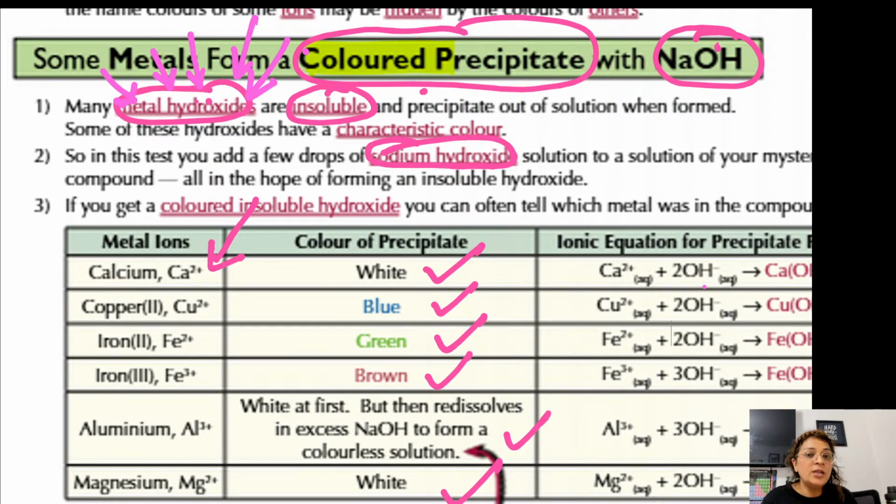Soluble is aqueous, insoluble is solid. Okay, good. Now take a picture of this and memorize it in your own time. Just go over this page once.